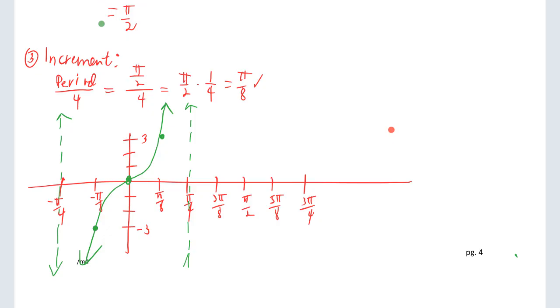So now I have here an asymptote, the point and then the midpoint, and then another point going up. All right, so there you go. This is now our graph for the first function.